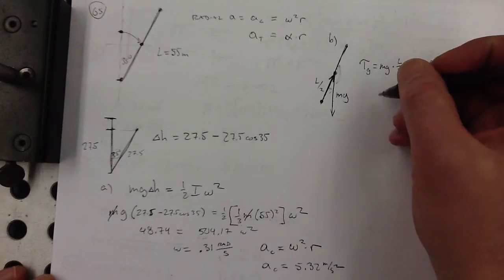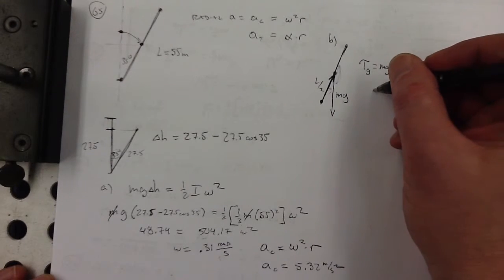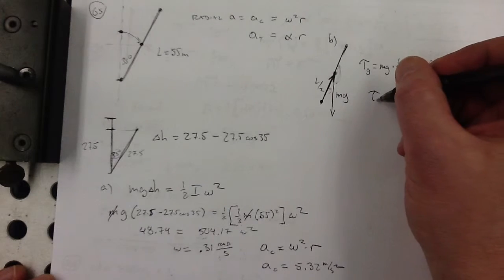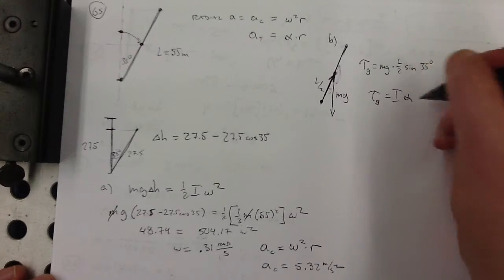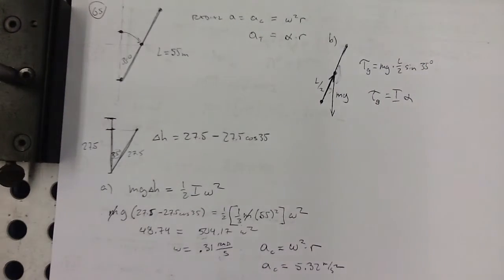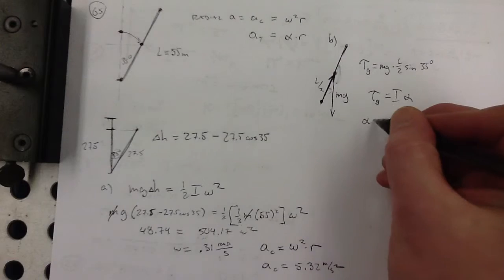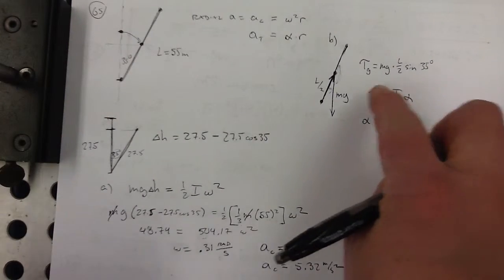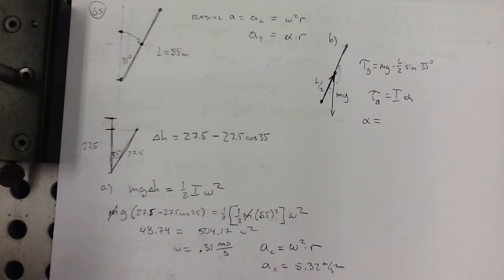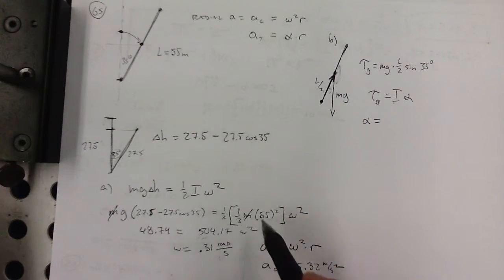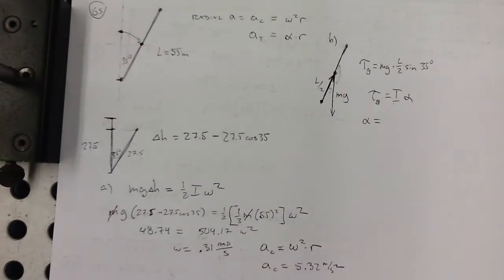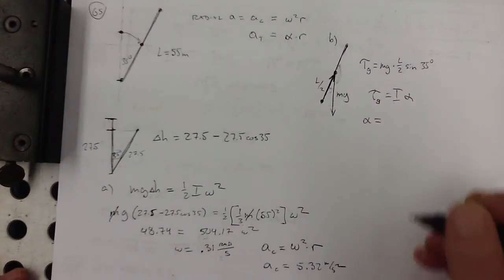And then I know that since net torque, and this is the only torque, is equal to I alpha. That's Newton's second law in rotational form. So my angular acceleration is equal to torque over I. Did I find this yet? I guess I did here, but I didn't really do it. So I guess I better write this out too, because I have the m that needs to cancel.